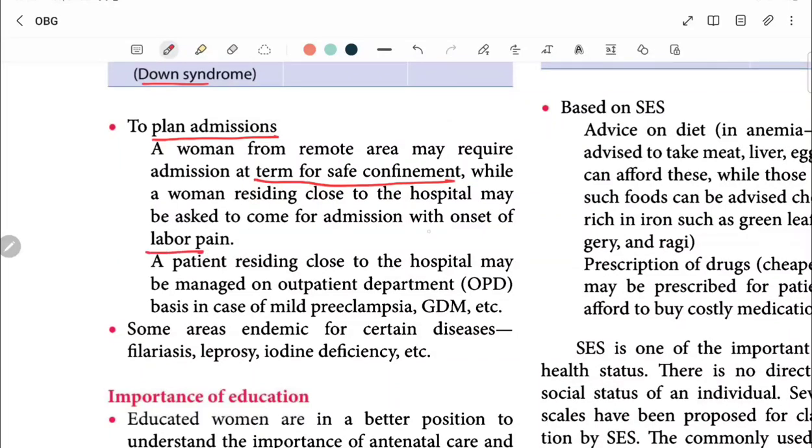A patient residing close to the hospital may be managed on an OPD basis in cases of mild preeclampsia and GDM, etc. Some areas are endemic for certain diseases, such as filariasis, leprosy and iodine deficiency. So that's how you plan admissions.